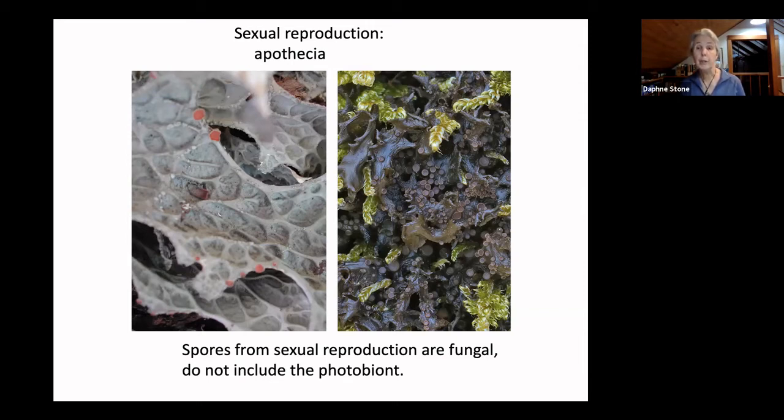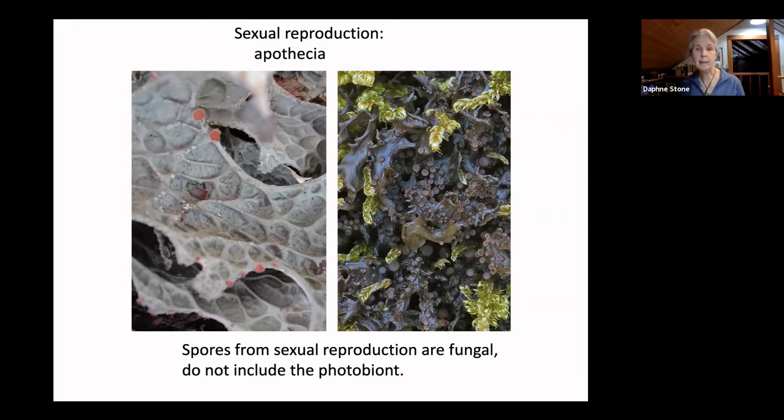There are 2 genera of lichens that have managed to put algae inside of that fruiting area that's usually only fungal. And so when the spores emerge, sometimes an algal cell attaches to it as the spore leaves.